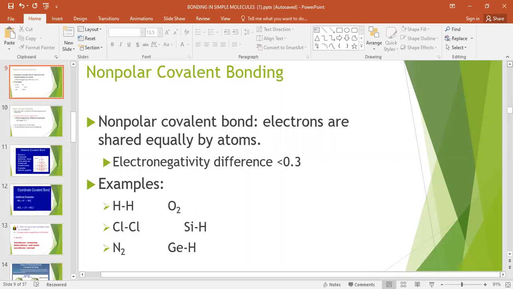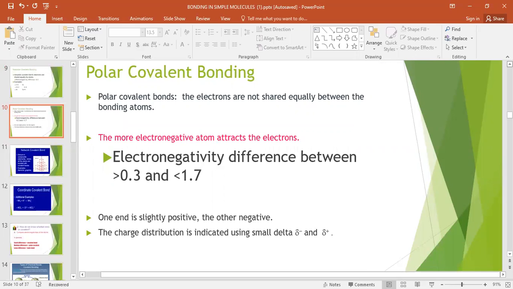Now come to the second one, please. In a polar compound, the more electronegative atom attracts the electron. How do they form the covalent bonding? When the electronegativity difference is more than 0.3 and less than 1.7, which type of bonding? Polar, yes sir.